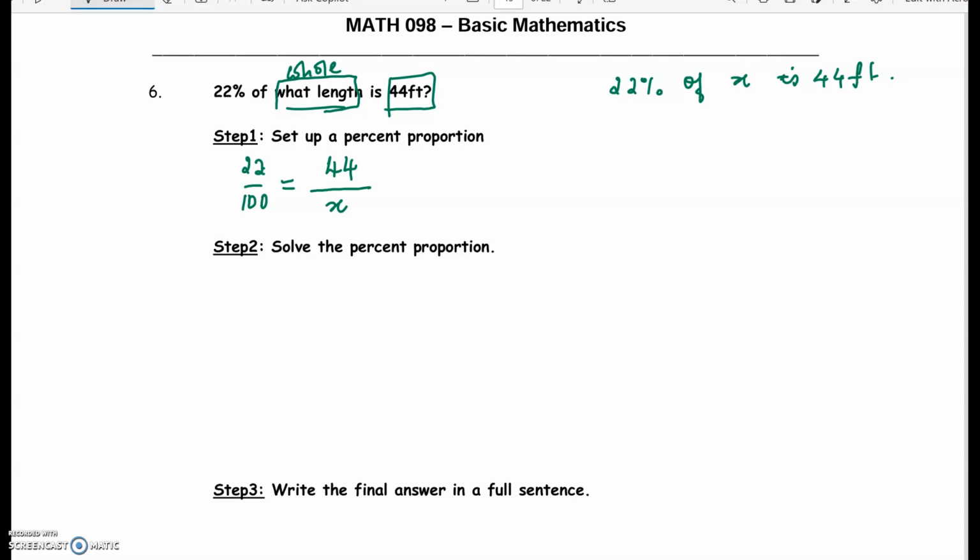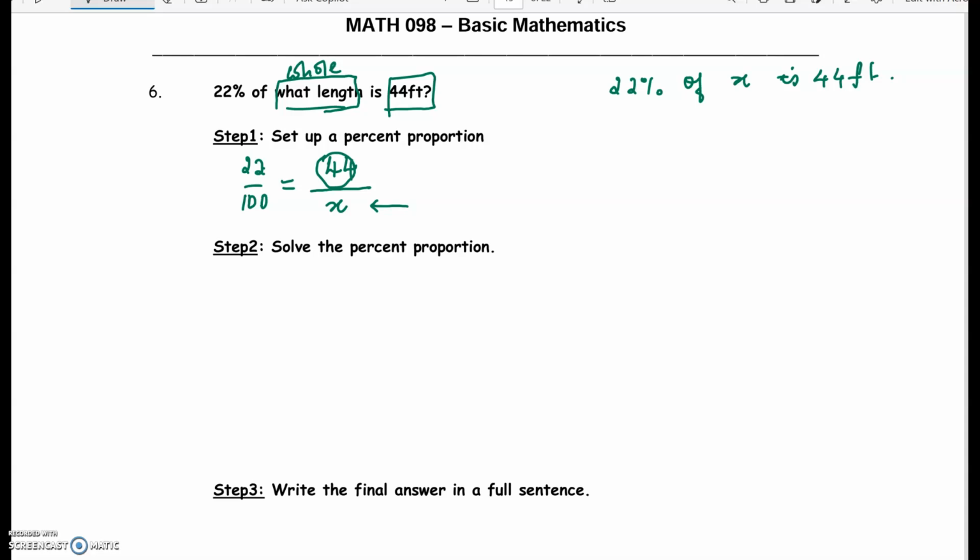So it's important to read the question. Remember, when you say a percent of or a fraction of, you're always referring to some quantity, which is always the base. Or it's also called the reference value. So the reference value always sits in the denominator. The part of it sits in the numerator.